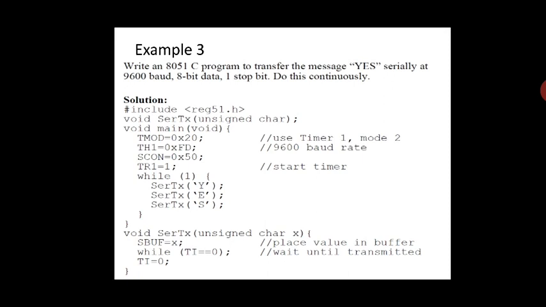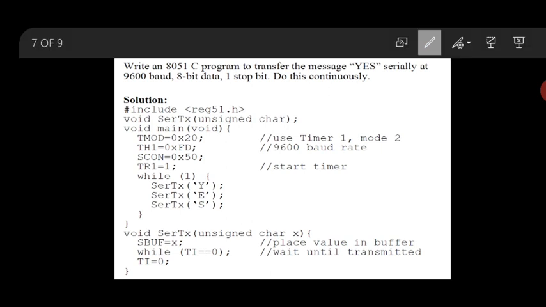There is one more thing, a function. We call it void sertx. It is a user-defined name, you can give any name. Then unsigned: I hope you understand what unsigned means. It is a data type in C. The char is of unsigned type, meaning the character will be represented with positive values only.